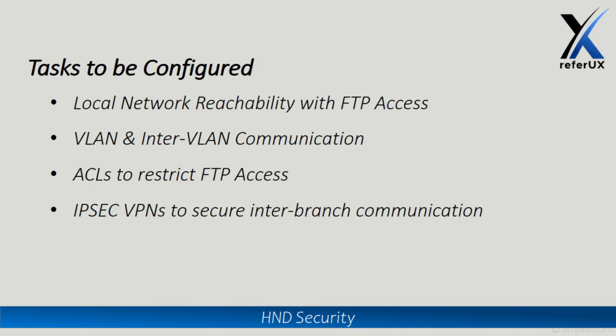Third is access control list to restrict FTP access. And finally, we can do the configuration for IPsec VPNs to secure inter-branch communication. So first, we will proceed with part 1, that is local network reachability with FTP access.